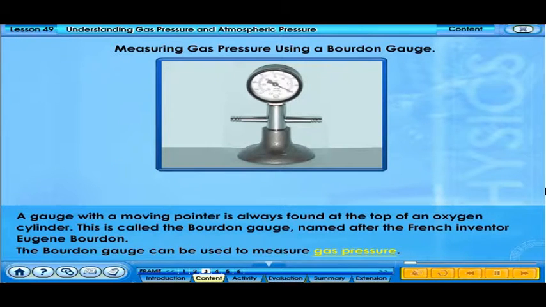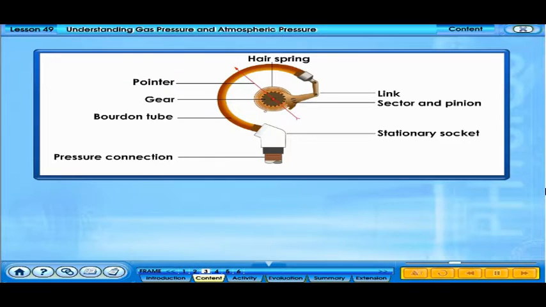A gauge with a moving pointer is always found at the top of oxygen cylinders. This is called the Bourdon Gauge, named after the French inventor Eugene Bourdon. The Bourdon Gauge can be used to measure gas pressure. Inside the gauge is a hollow metal tube. When the gas pressure inside the tube increases, the tube straightens out a little.